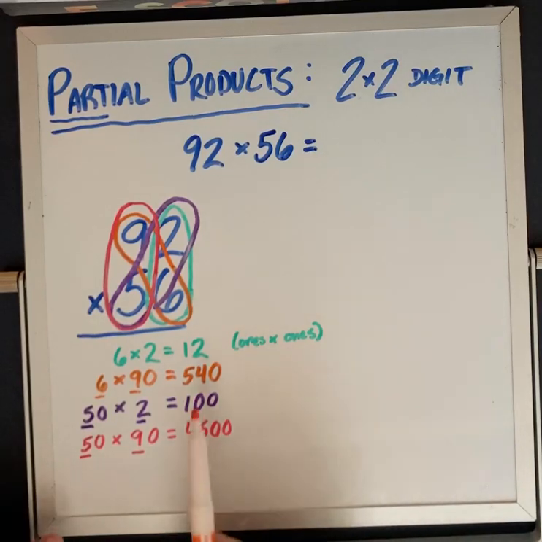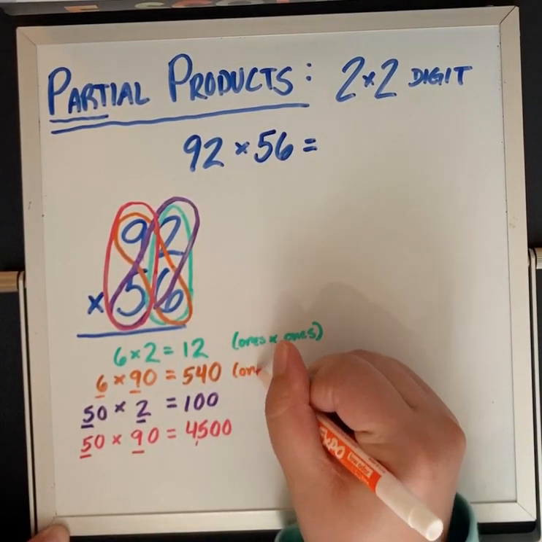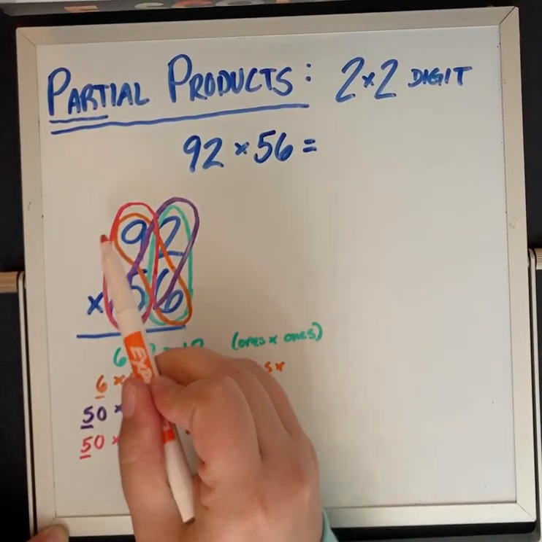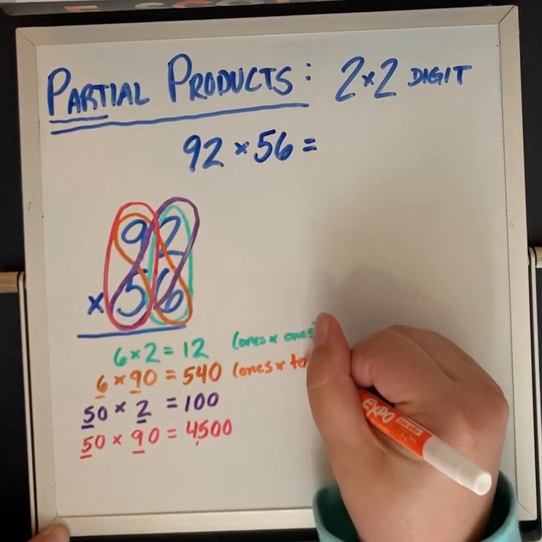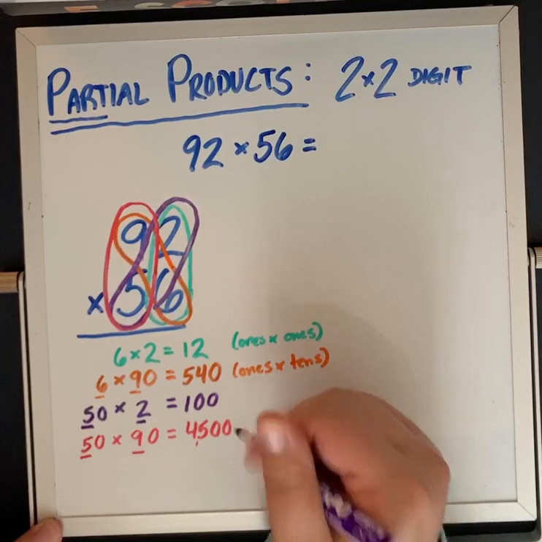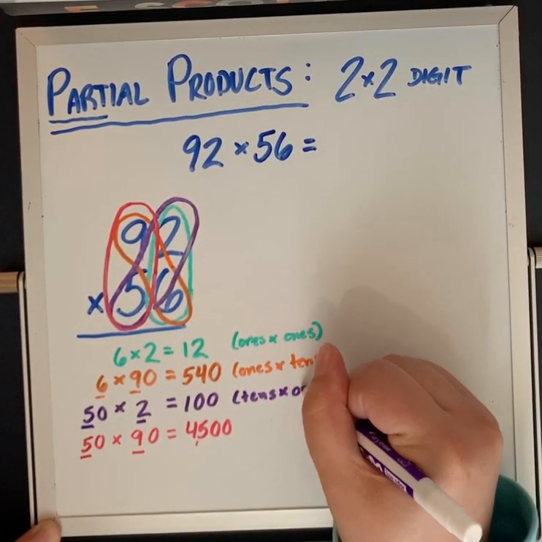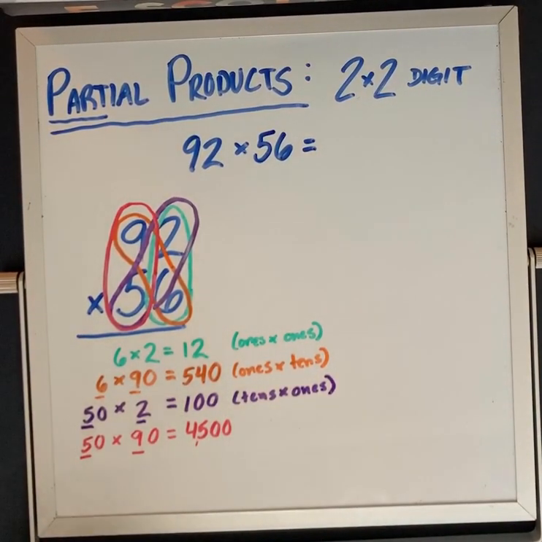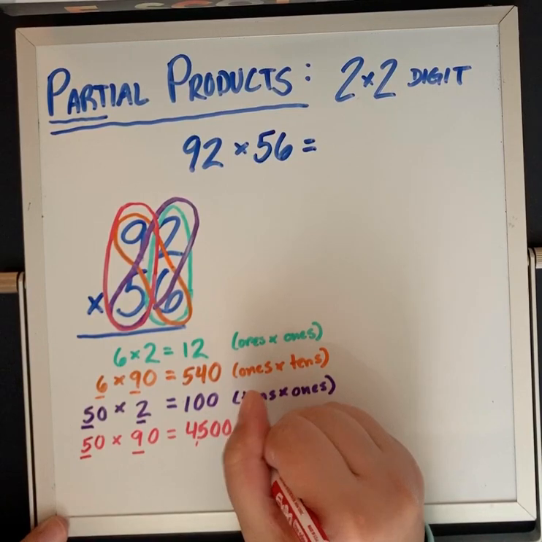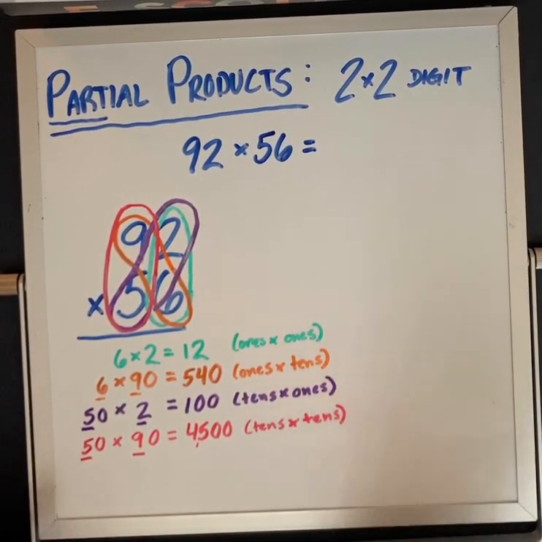In our second equation in orange, we've shared our ones place of our bottom number multiplied by our tens place in the top number. With our purple equation, we've moved on to the tens place of our bottom number times our ones place in the top number. And for our last equation in red, we've shared or multiplied the tens place of both numbers.